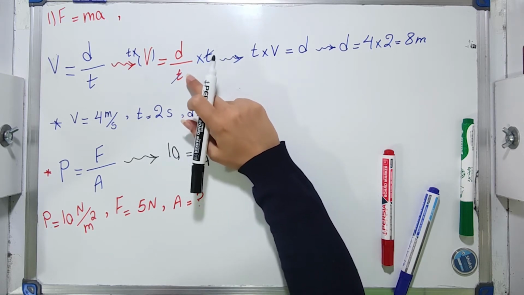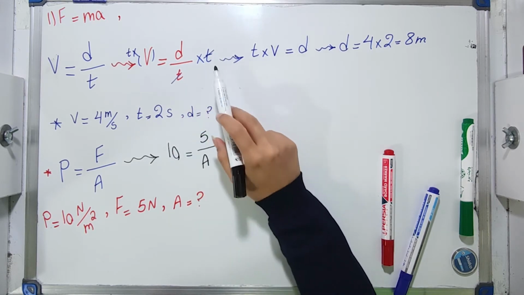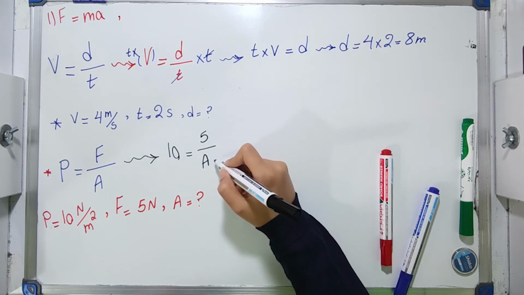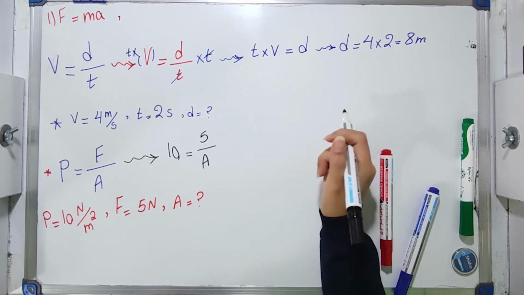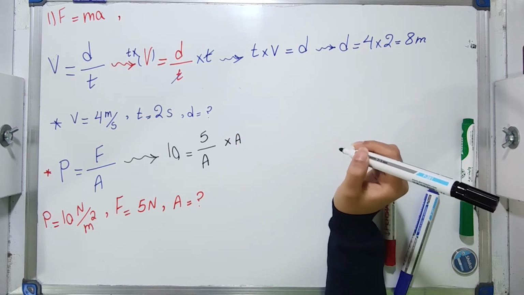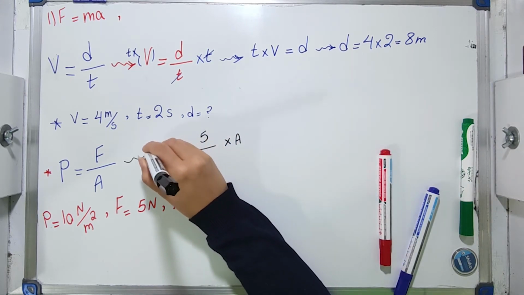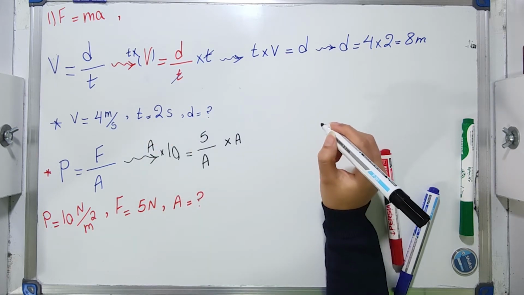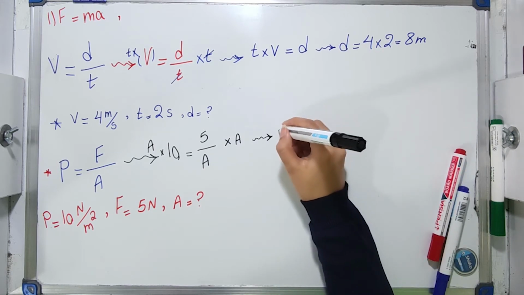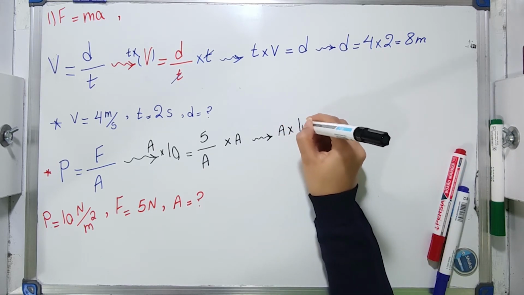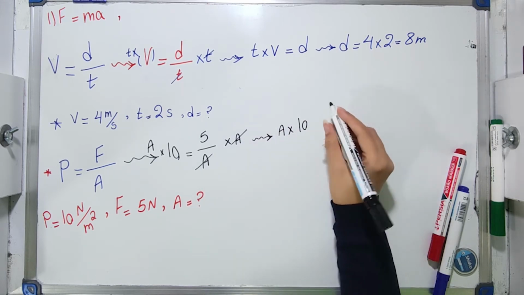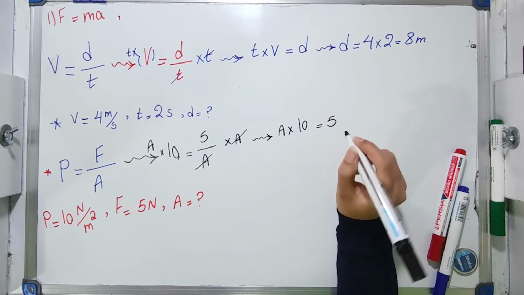Here I multiplied this side by T because T can cancel here. I have to do the same thing for this equation too. Multiply by A. So what I have here is A times 10. These two A's, areas, can cancel each other and it will be equal to 5.